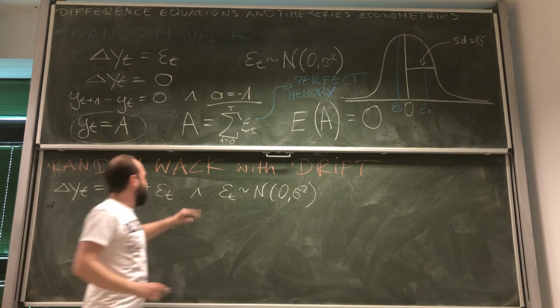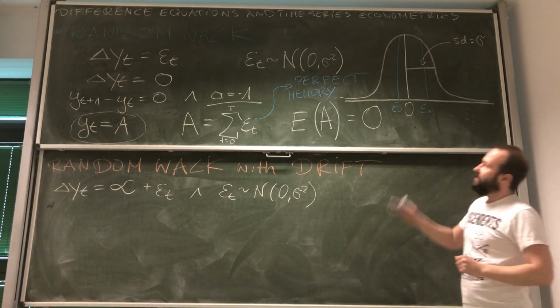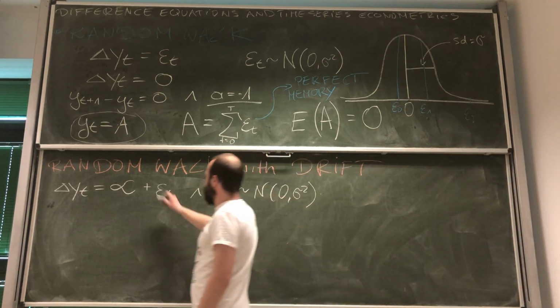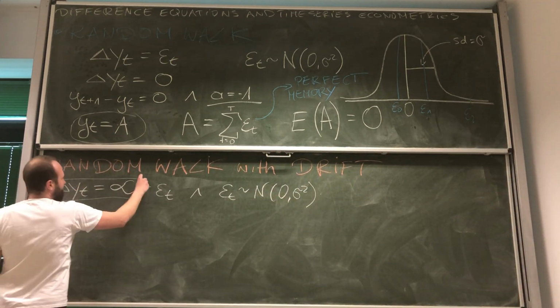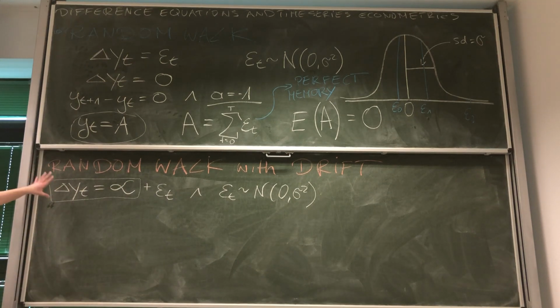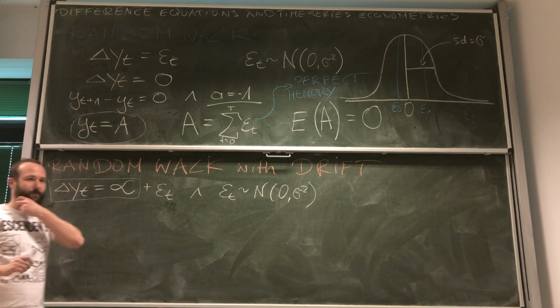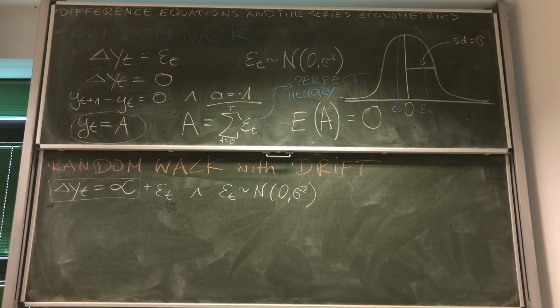So, what has changed? I just added one tiny little detail to our first equation. What is this tiny little detail? This is alpha. So, let's think about this first. We will get back to this part a little bit later.